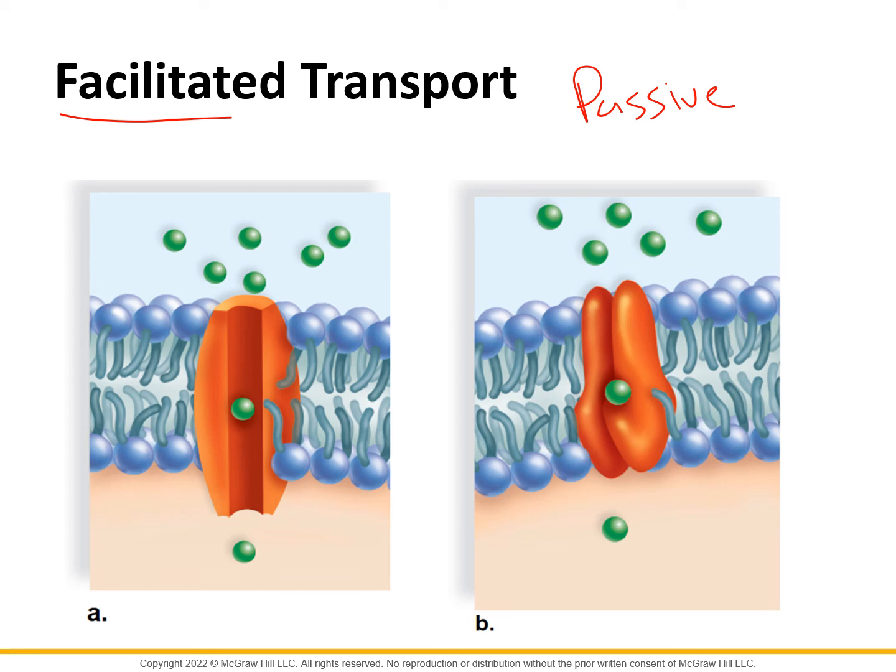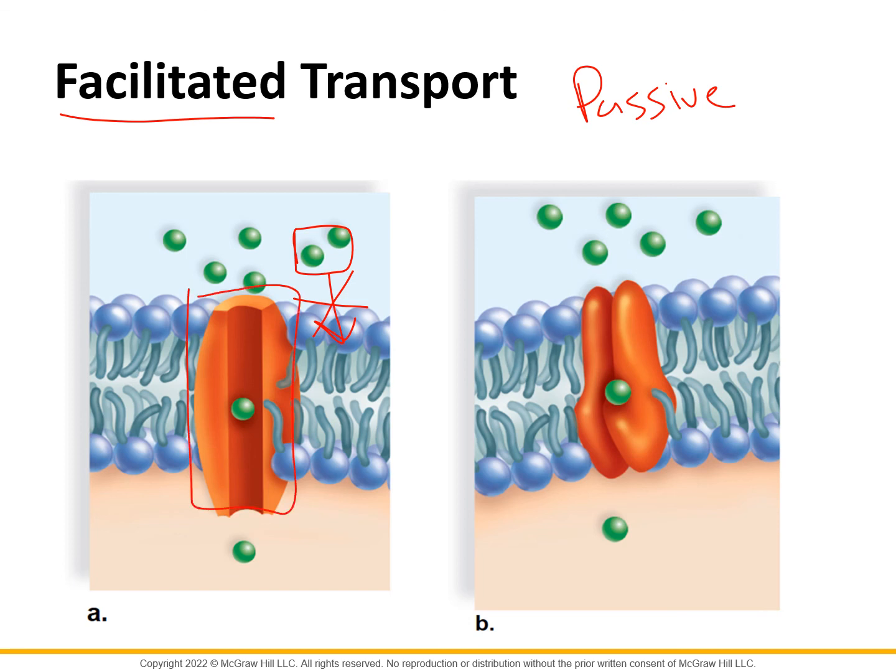And facilitated transport is called facilitated because these molecules that are going to be involved moving across the membrane are too large to simply cross the membrane. So they can't simply diffuse across the membrane like carbon dioxide or oxygen or alcohol could. So because they are too large or they have a charge, they need some sort of transport protein.